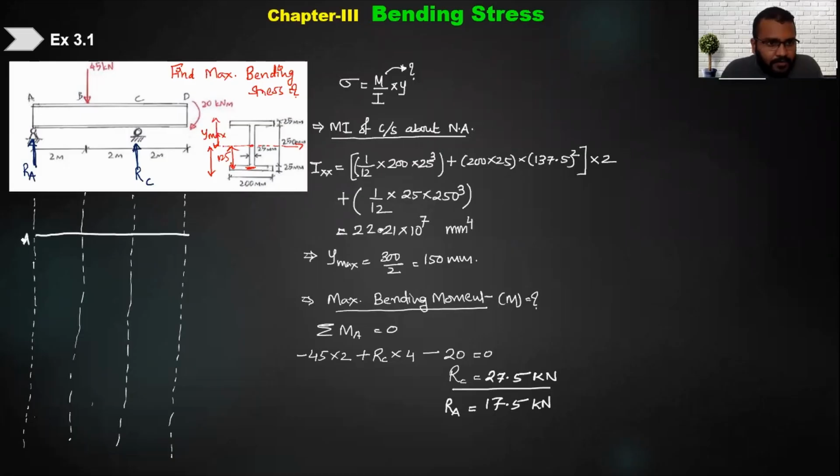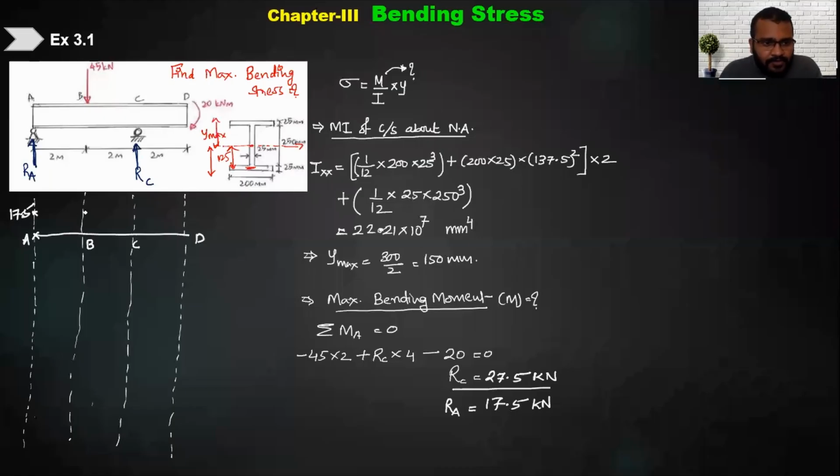So let us write down point A, point B, point C, point D. At A there will be two values, one is 0 and the other is the value of RA, 17.5. So we will go up to 17.5. Next, from the downward direction, the 45 at B, there will be another two values.